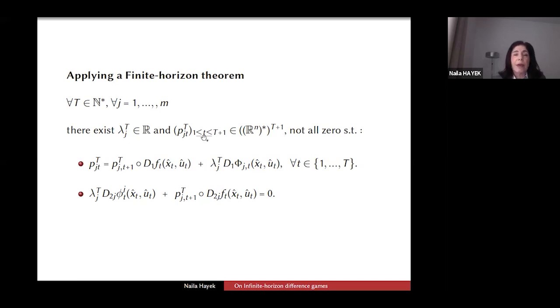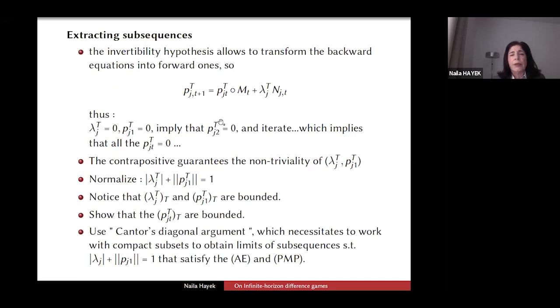So since I have this contradiction, taking the contrapositive will guarantee that the couple lambda_j^T, p_j^{1,T} is non-zero. So this is very important. The non-triviality of this couple will be very important for the rest. Since it's non-zero, I am able to normalize it. Okay, so the absolute value of lambda_j^T plus the norm of p_j^{1,T} equals 1.